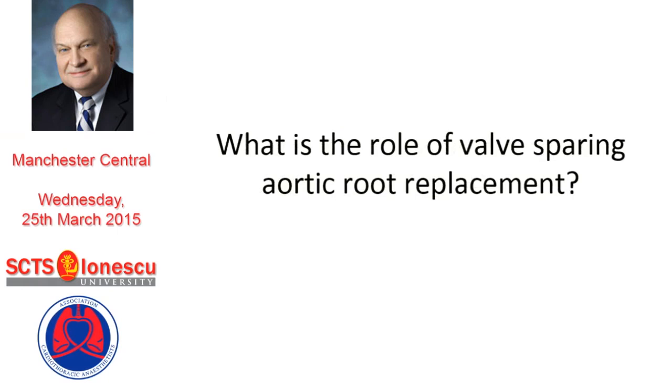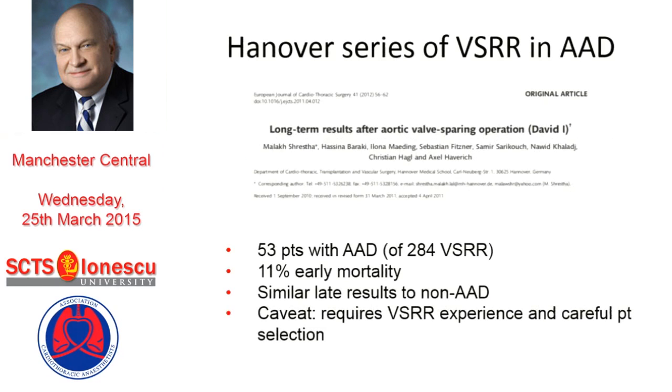Now finally, what's the role of a valve-sparing aortic root replacement? If the patient has dissected sinuses but a normal aortic valve and is young, should we be thinking about valve-sparing surgery on that? Well, we have to look to the Hanover series because they clearly have the largest experience in the world with valve-sparing root in the setting of an acute aortic dissection.